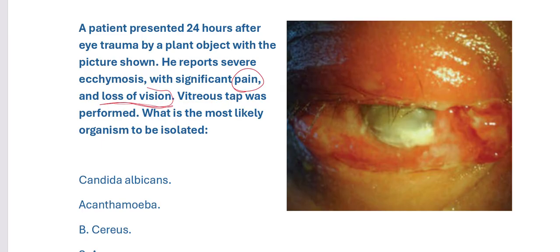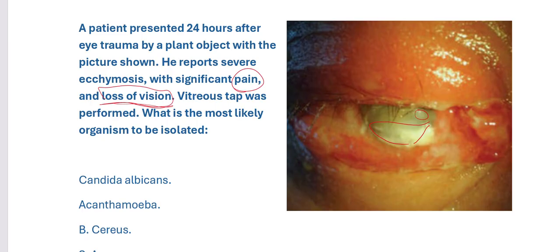This is very important. So this is an endophthalmitis case. You can see hypopyon, you can see keratitis here, and the injection and the swelling of the eyelid. Vitreous tap was performed.